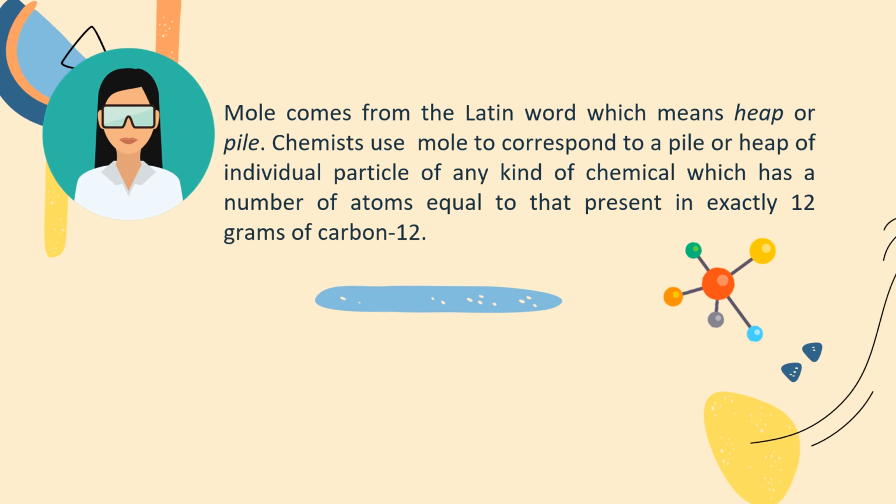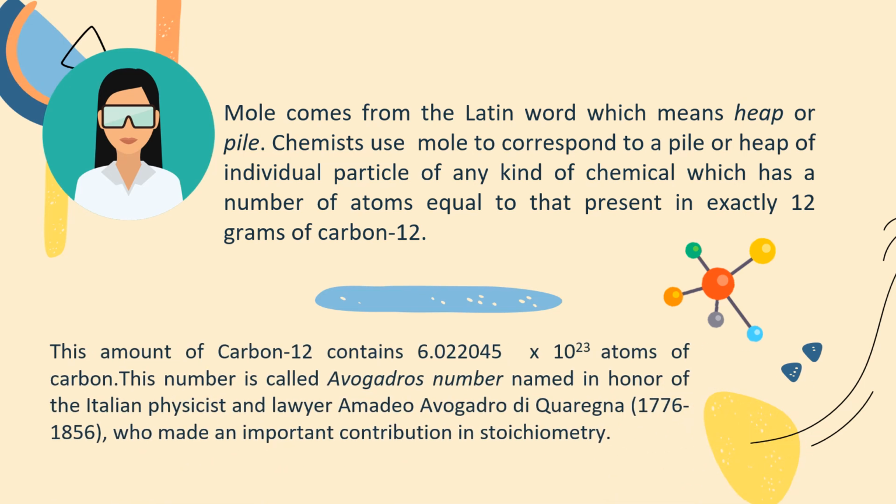Mole comes from the Latin word which means heap or pile. Chemists use mole to correspond to a pile or heap of individual particles of any kind of chemical which has a number of atoms equal to that present in exactly 12 grams of carbon-12.